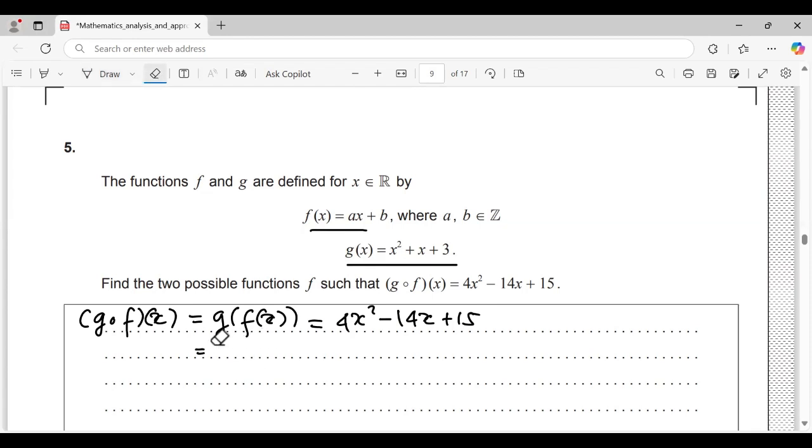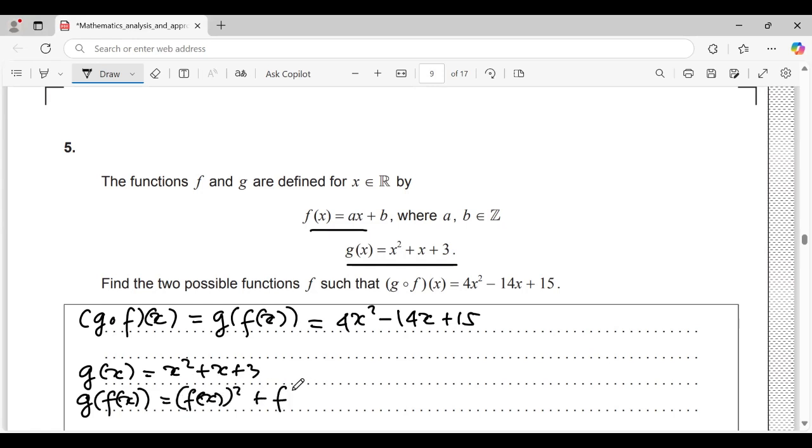I will expand this. g(x) is x squared plus x plus 3. If g of f(x), it becomes f(x) squared plus f(x) plus 3.